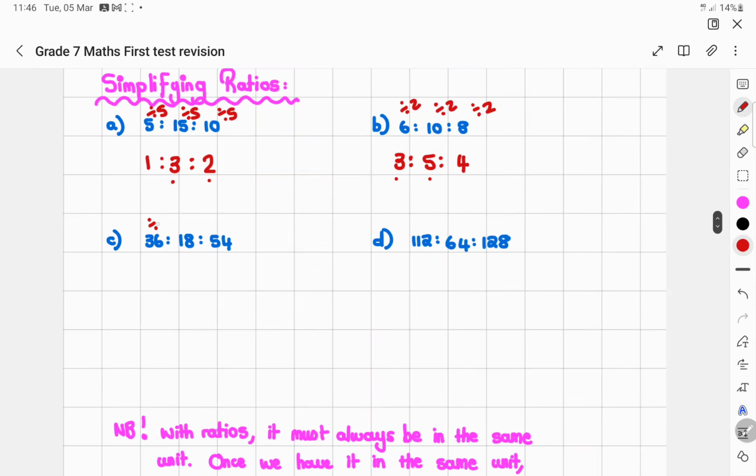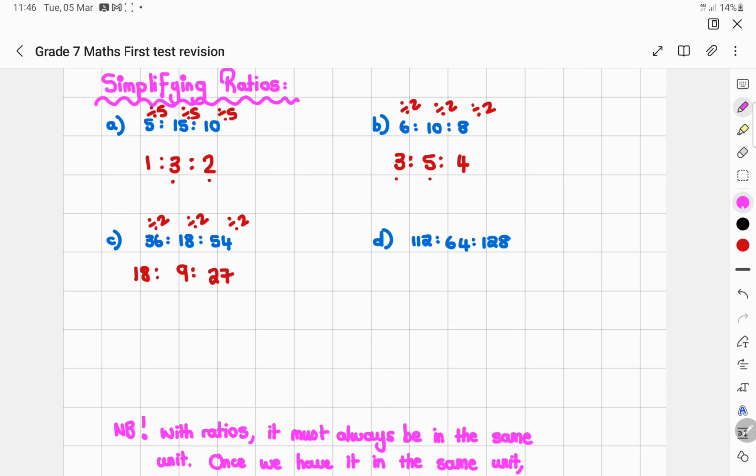Over here, I don't know if it's the biggest HCF that I'm dividing with, but I'm going to start to divide by 2 all throughout. And then I'm ending up with the ratio 18 to 9 to 27.